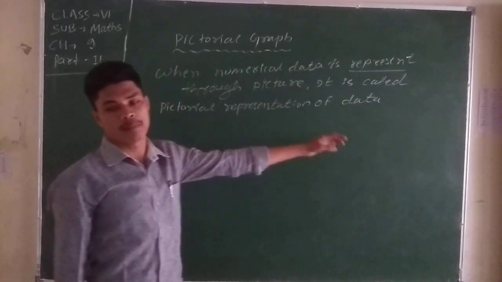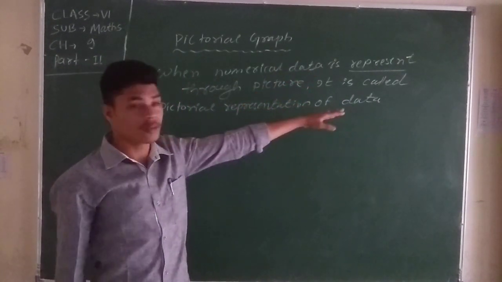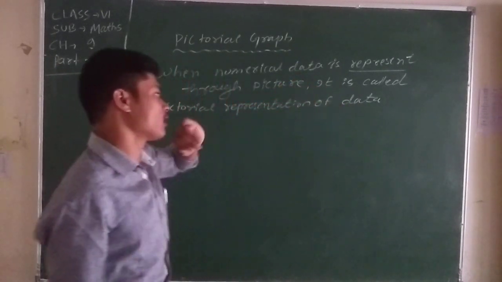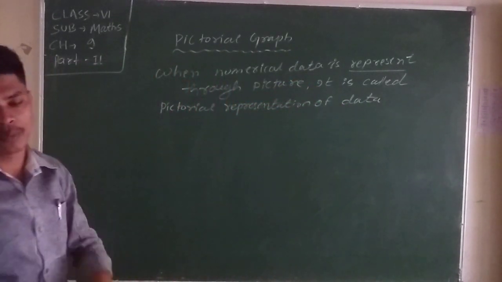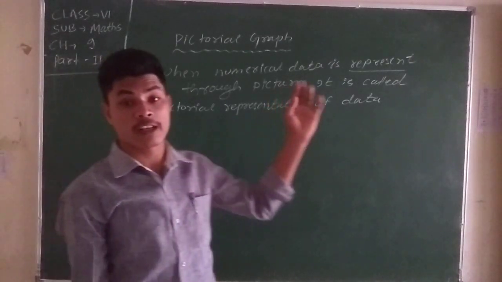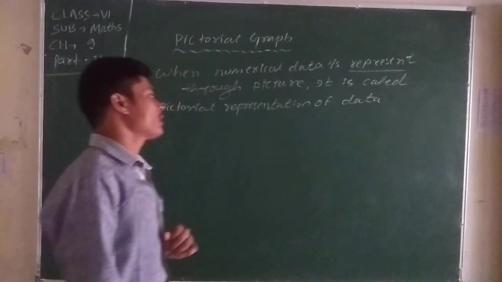Any type of pictures, then that is called representation of data. So we take examples for pictorial graph, and a pictorial graph can also be represented as bar graphs.